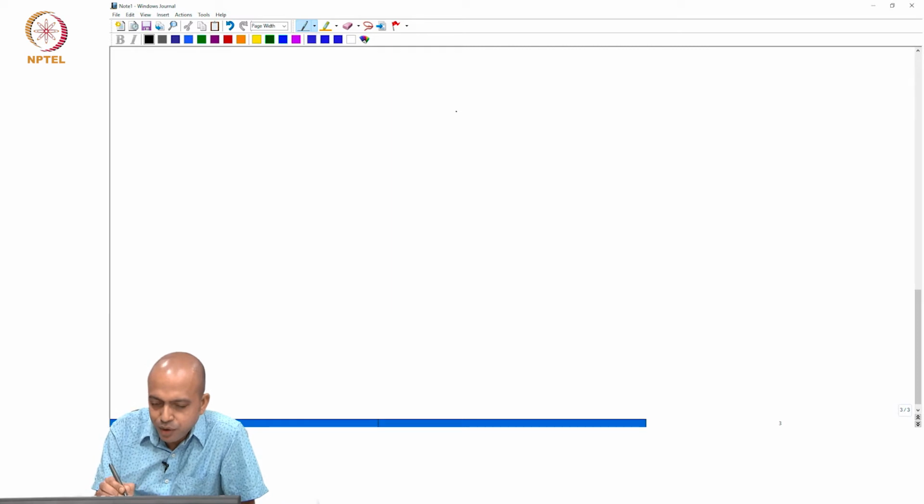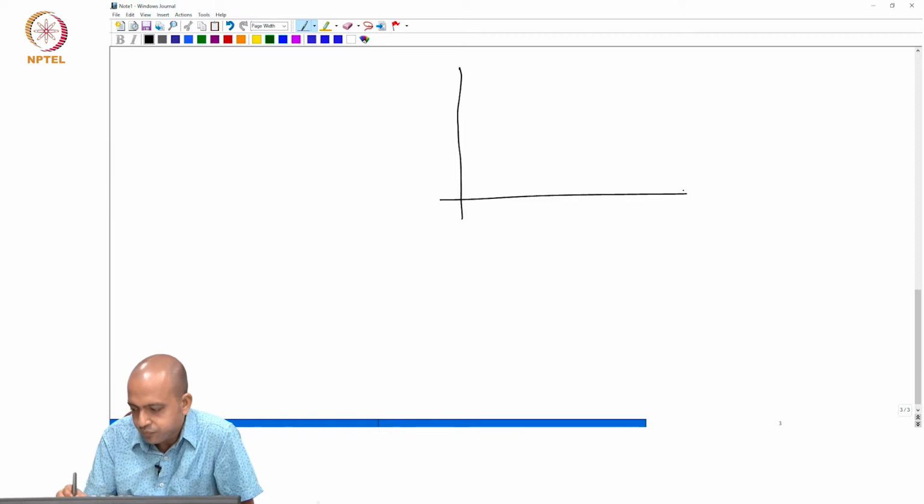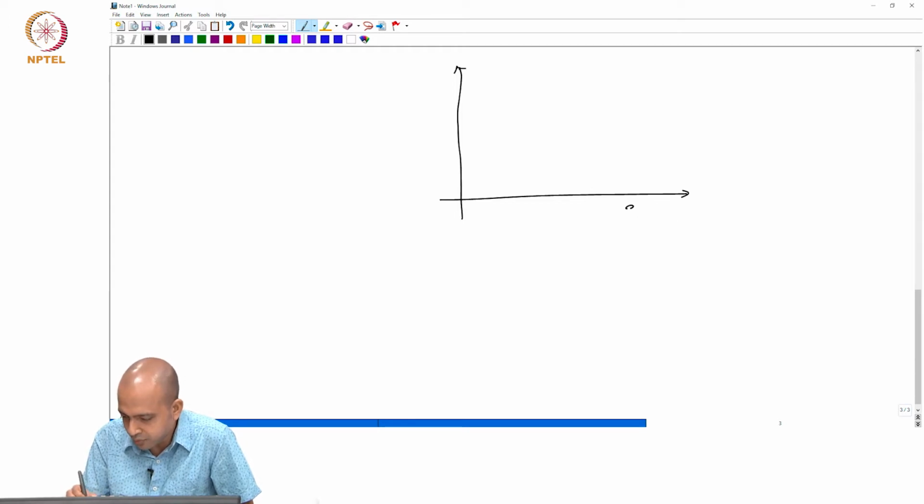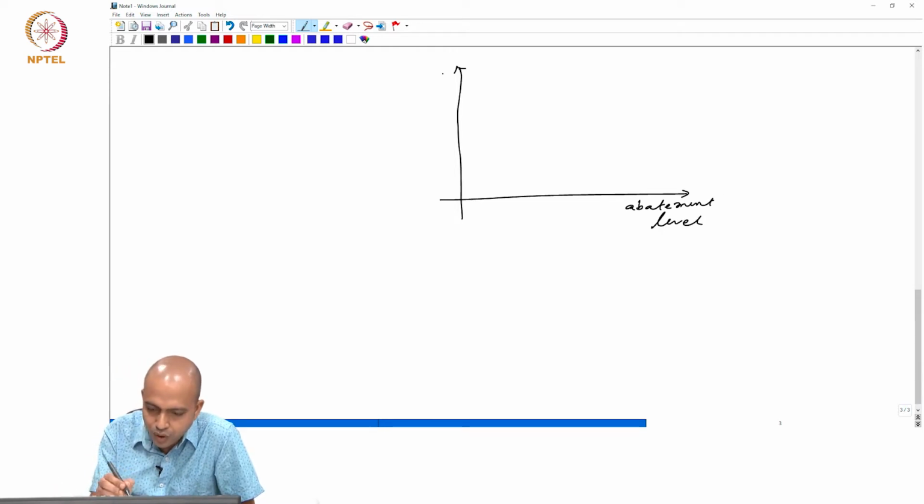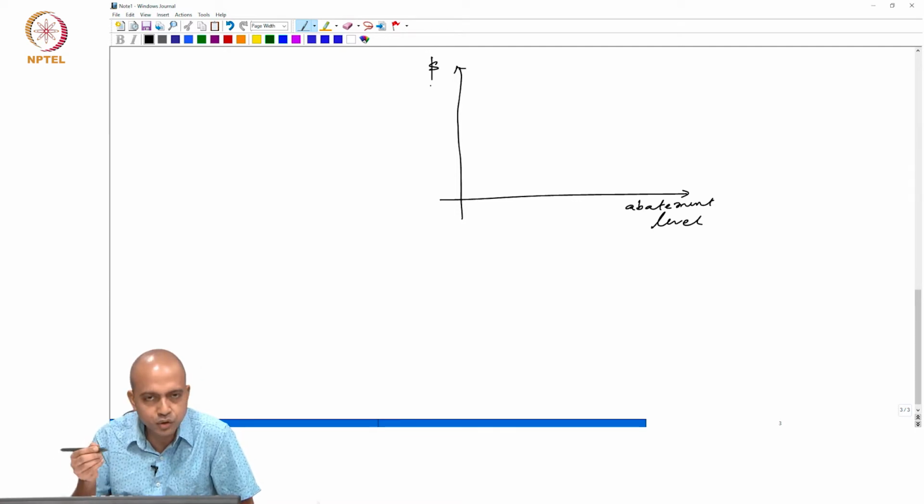So, in Palmer, Oates and Portney's framework, they have drawn a simple diagram. In the x axis, they measured abatement level. And in the y axis, they have simply measured dollar or rupees or whatever.